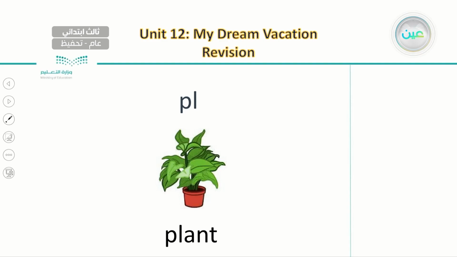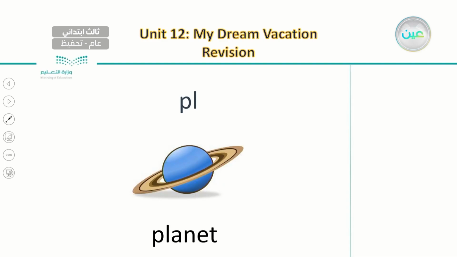And a plant is a small tree that we usually have in our house. And the second word for the P and L sounds is planet, planet, which is in our solar system, where we can see different planets such as the Earth.